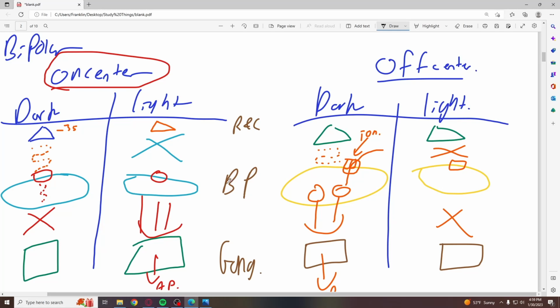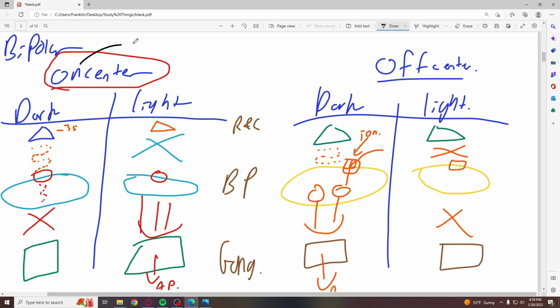So these bipolar cells are in the center, right in the middle of the cell interactions. And so if it's on, that means it's sending something, right? But here in the dark, it's being inhibited by the signal before it, so it is turned off here.